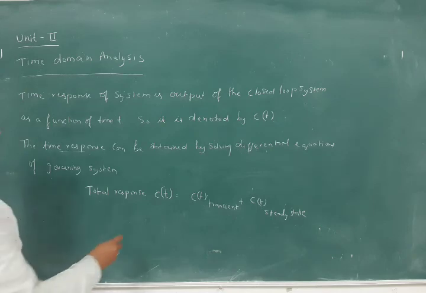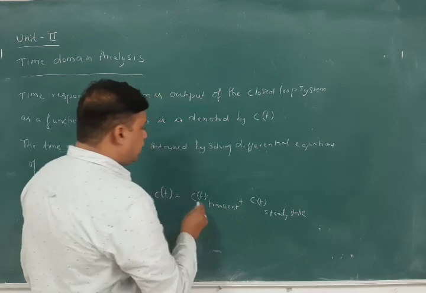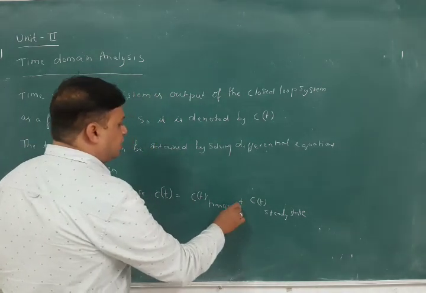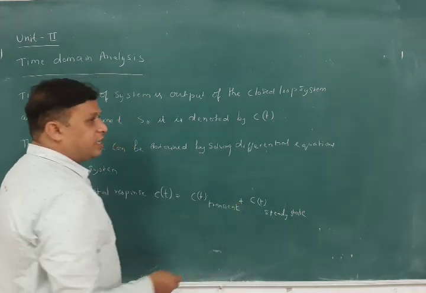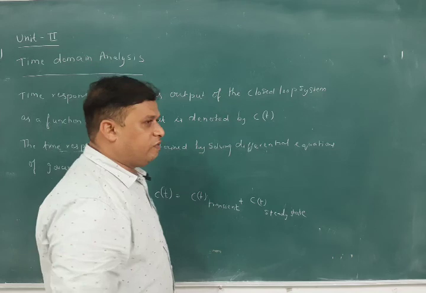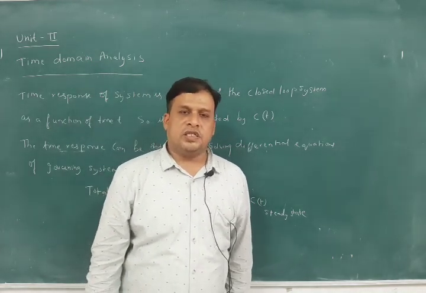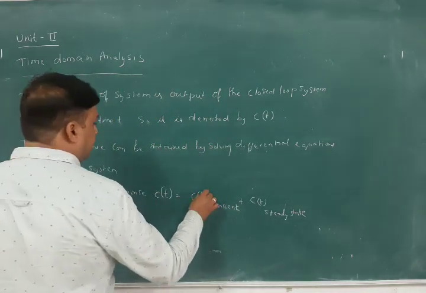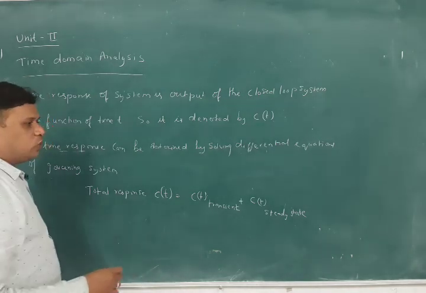Now, the transient response: how is it obtained, and how is the steady state response obtained? The transient response is obtained whenever there is a change in the state of the system. Like in mechanical systems, mass and moment of inertia give the transient response, and these are called energy storage elements.